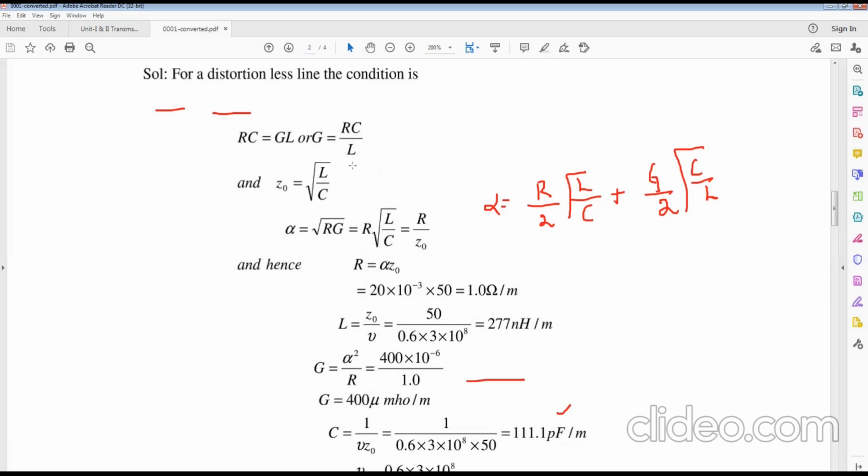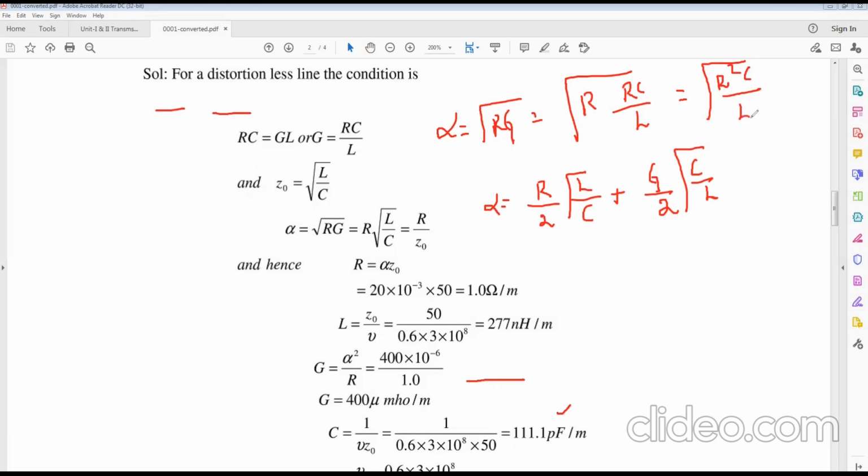And for z we can substitute r c by L. Alpha is equal to under root of r and g, that is equal to under root of r, g is r c by L. Here g is equal to r c by L, that is equal to under root of r square c by L. It is under root of r square, r we will get, and c by L minus c by L.